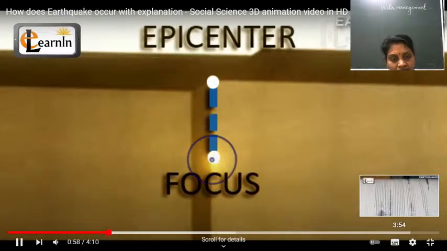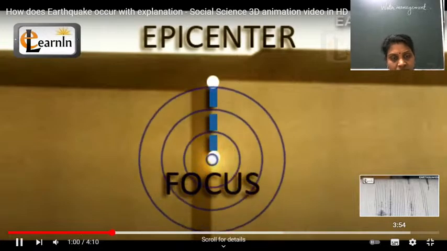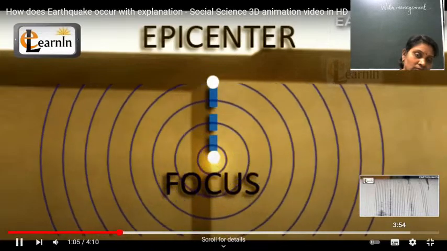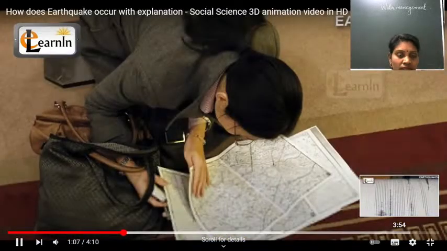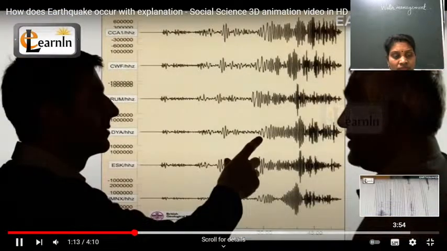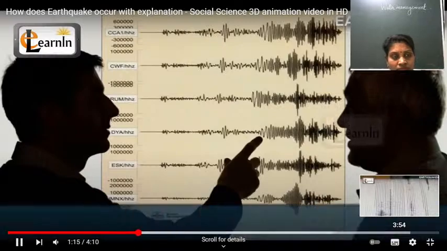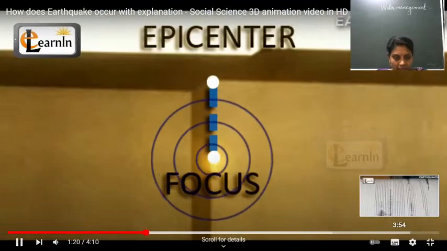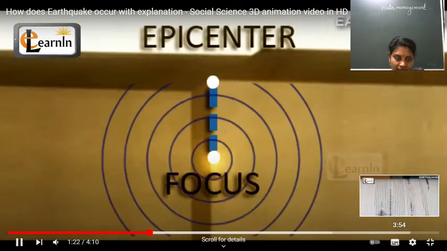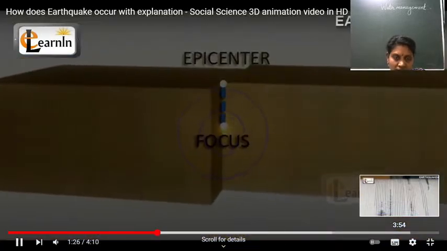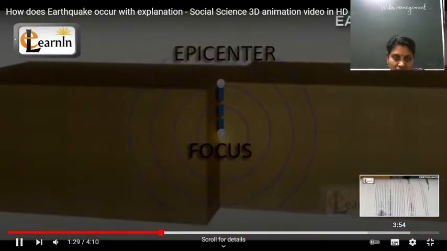Owing to the strong vibrations around the point of origin, the degree of destruction is greater around the epicenter. The branch of knowledge that deals with the study of earthquakes is called seismology, and the experts who study seismic waves are called seismologists. There are three types of seismic waves that spread in all directions from the focus. They are the P, S, and L waves.